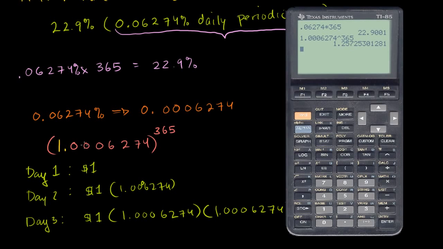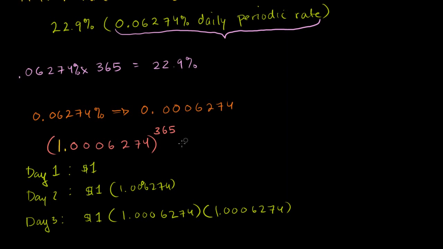So if I compound this much interest, 0.06% for 365 days, at the end of the year I would owe 1.257 times my original principal amount.